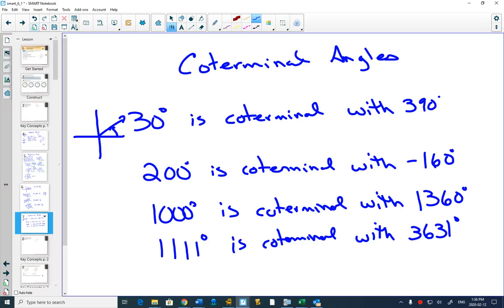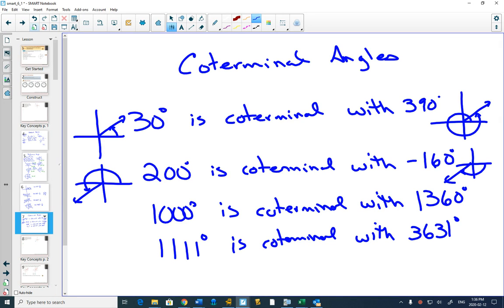So if someone drew 390, that would look like that. If I drew 200, what quadrant would that be in? 180, quadrant 3, right? 200. If I drew negative 160, that would be going around this way. That would look like this. I don't want to draw 1,000 right now, but I could, I guess. Ooh, yeah, 1,000 might be good.